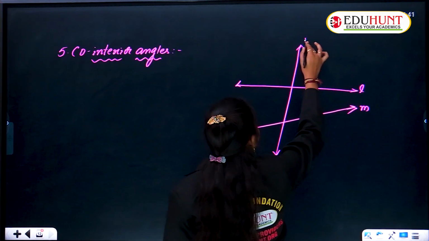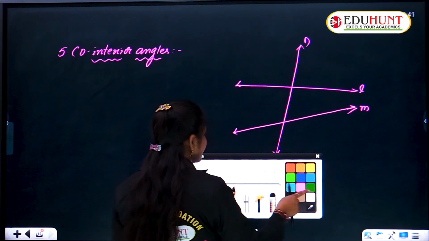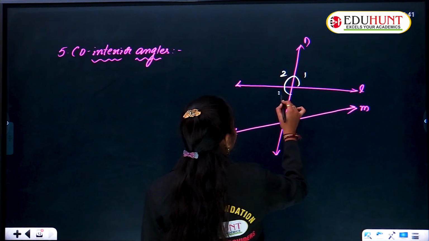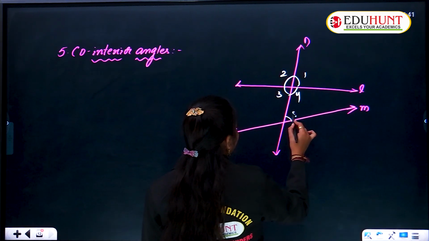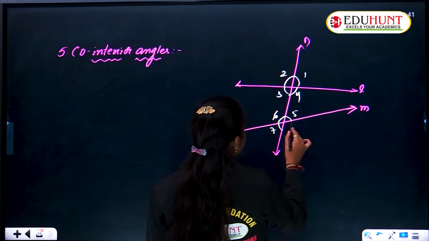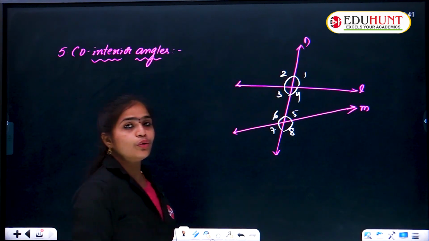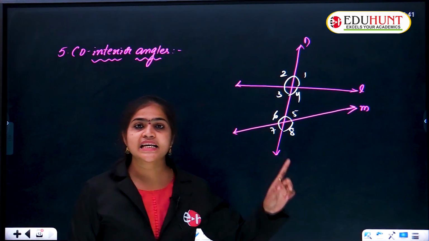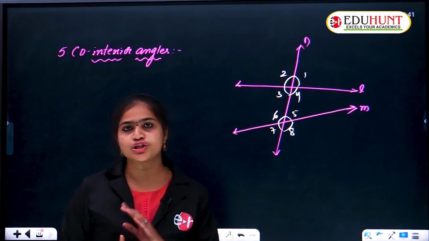N is a transversal. How many angles can we observe here? 1, 2, 3, 4, 5, 6, 7, 8. Now here co-interior angles means both angles lie on the same side of a transversal. That is the first point.